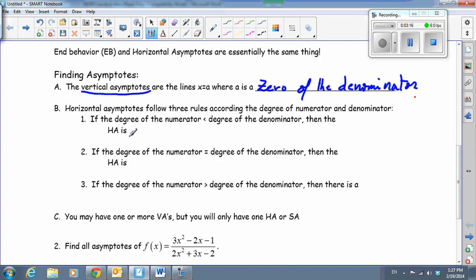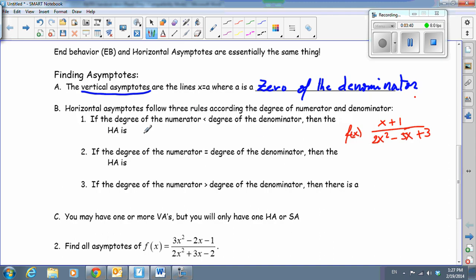The first one is when the degree of the numerator is less than the degree of the denominator. In other words, I can give you something like x plus 1 over 2x squared minus 5x plus 3. This might be my function. As you notice, the degree on top is 1, the degree on the bottom is 2.